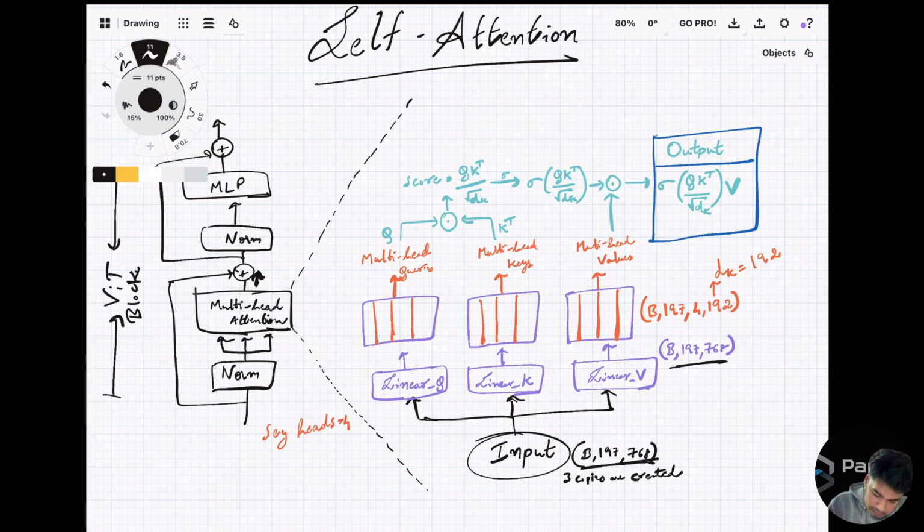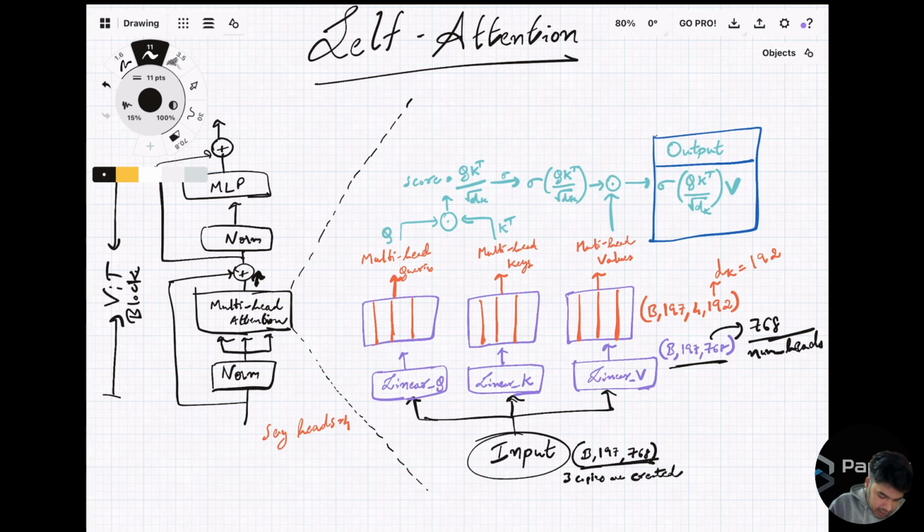Now we have an output that is batch size, 197, 768. These get broken down into multiple heads. So the idea is that this 768 gets divided by the number of heads.